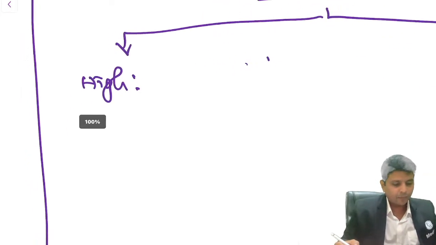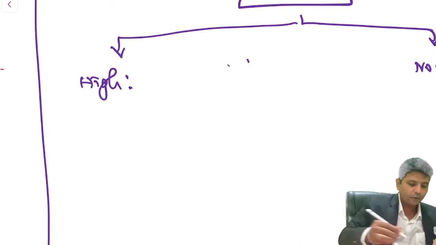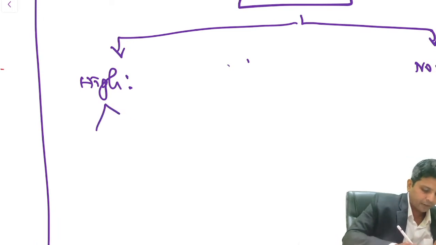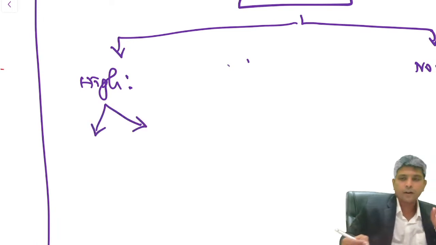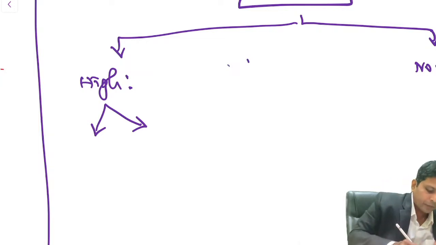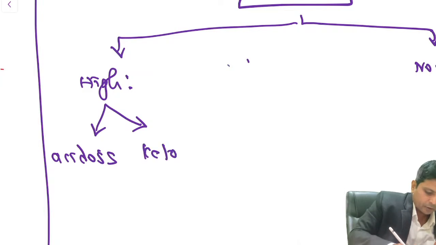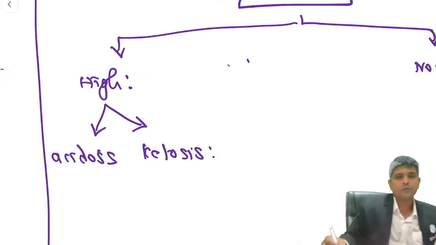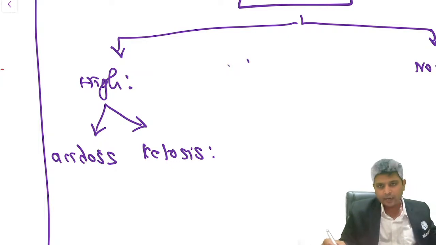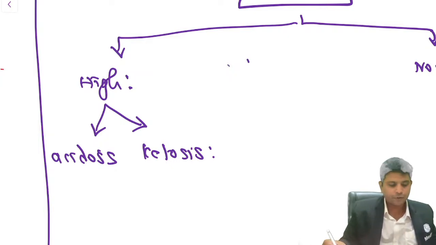When ammonia is high, you need to look for two things. One is whether acidosis is there or not. Second is whether ketosis is there or not. For acidosis, look at the pH.